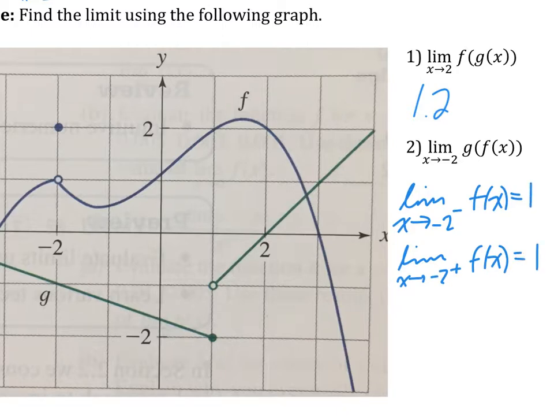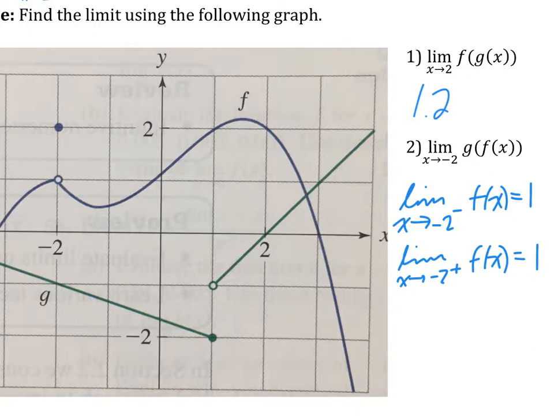When it's going to -2 from both sides, we're approaching 1. Are we approaching 1 from lower than 1 or higher than 1? Lower than 1. So we're basically at numbers a little lower than 1 until 1. So when we approach g at 1, we're looking from lower than 1.